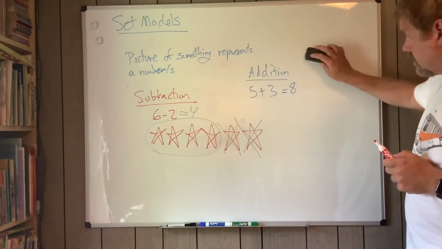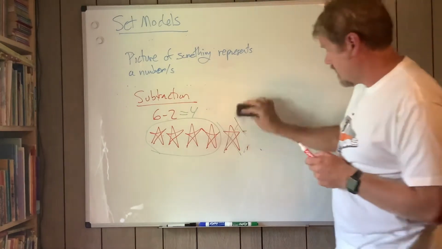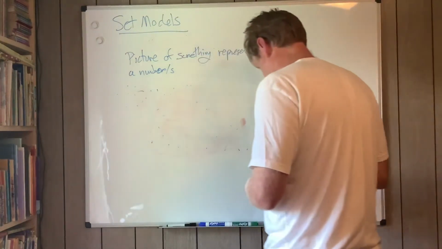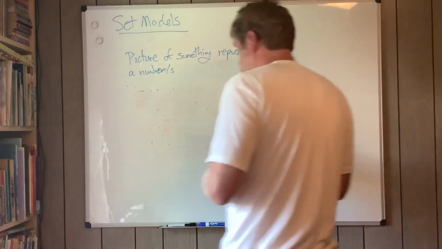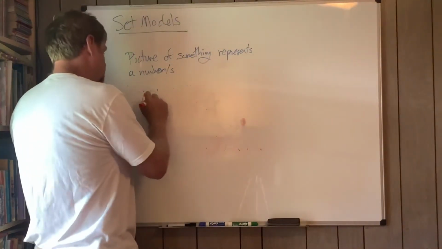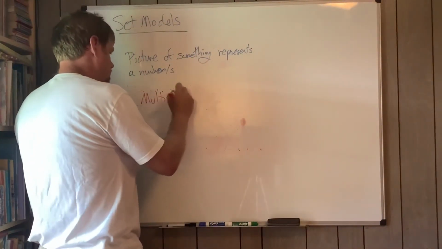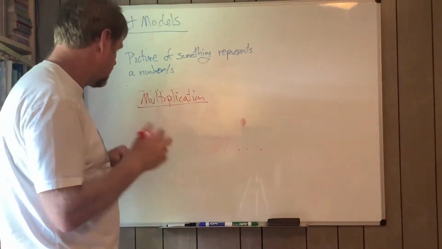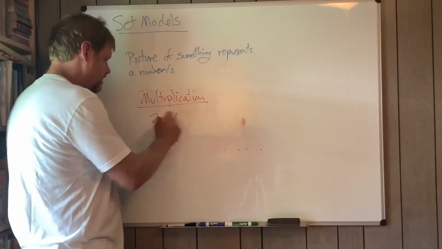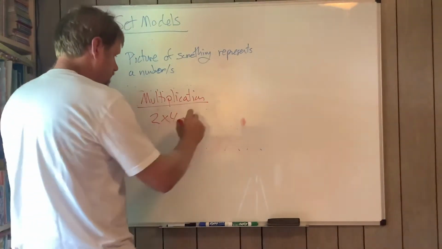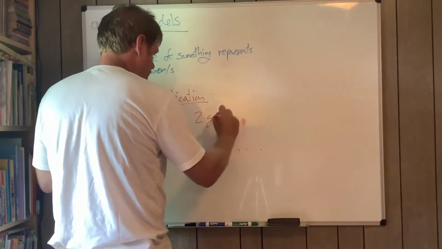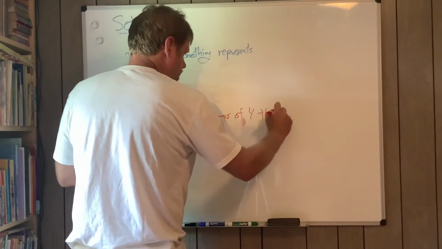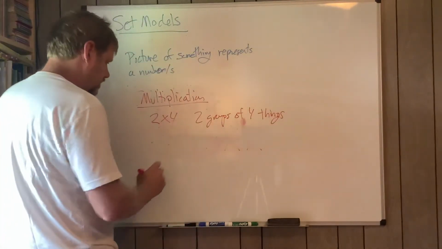Let's look at this a little bit with multiplication as well. Stick with red. Multiplication. And so let's say I have 2 times 4, 2 groups of 4 things, which I will keep as my stars.